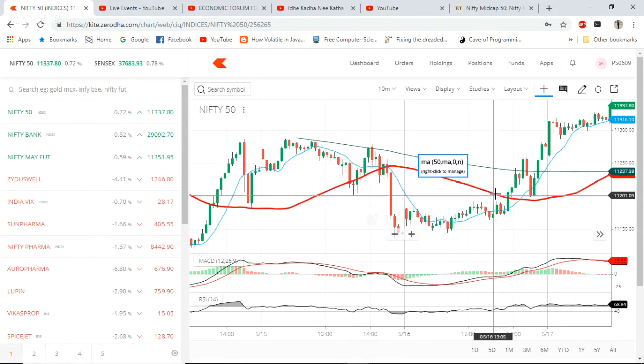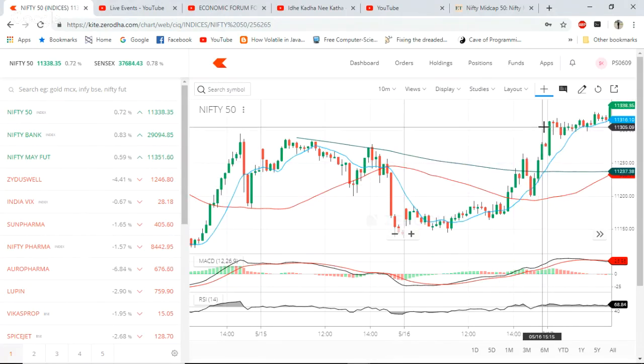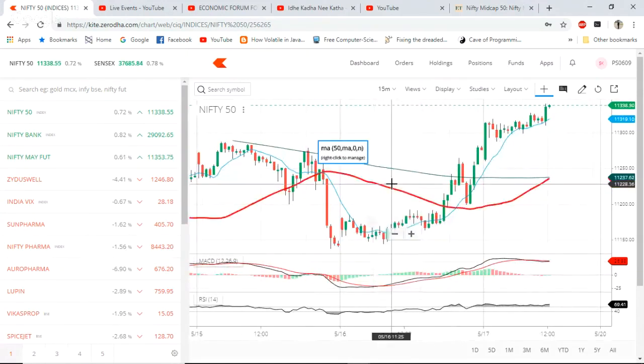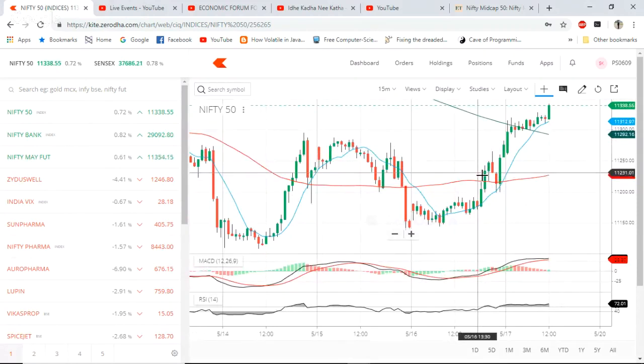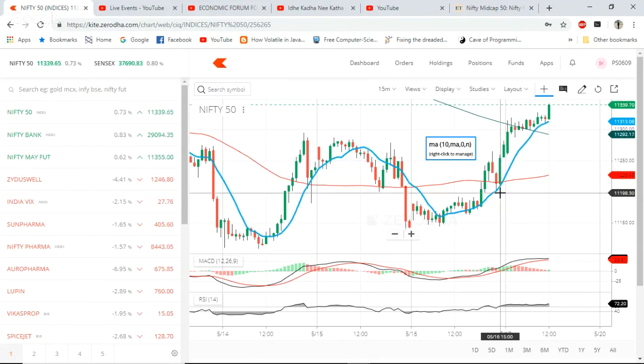And the next time, it still fell off again, but then bounced, and how beautifully it bounced back. And if you see even in the 15-minute chart, you can see that it tried at 2:30 to scare. Yesterday was also an expiry day for the Nifty, so that was the best chance to make some big moves, and it used that superbly.